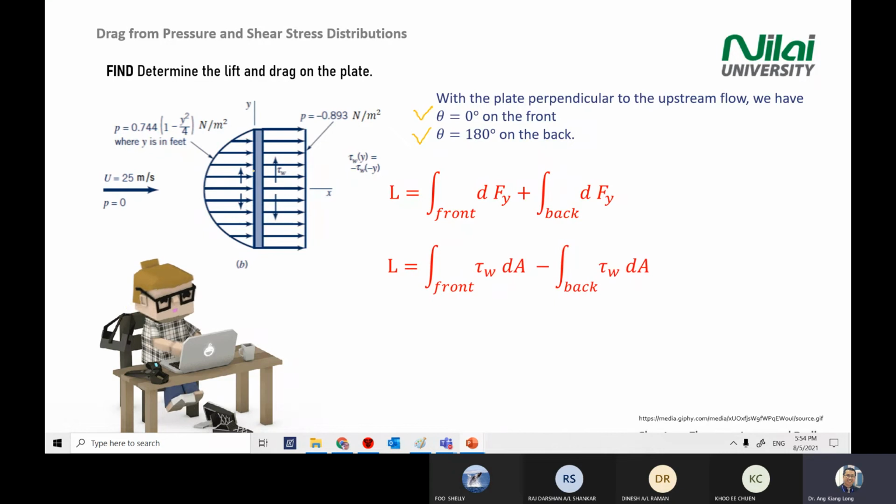In this case, you see the lift. Sorry, I apologize. You have to see the direction of the force, the stress that you have here. So as you can see, in the second case, when you have perpendicular cases, we are using wall shear stress instead of pressure.